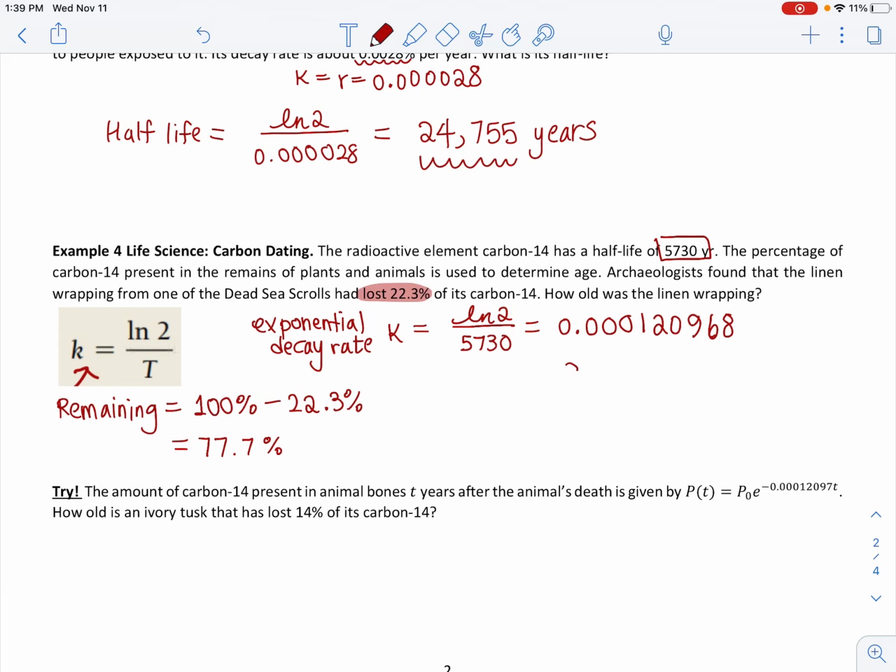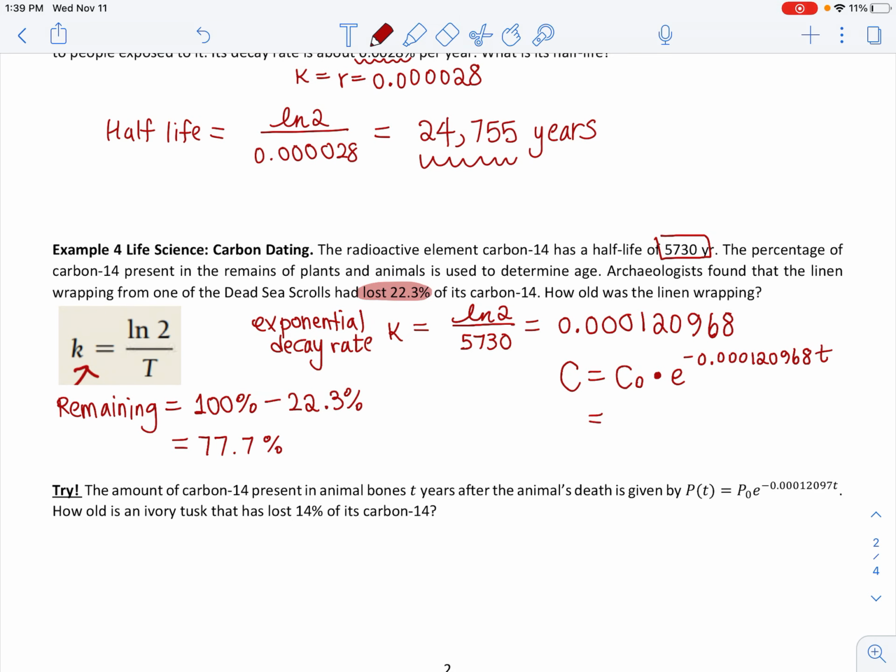So I'm going to go ahead and write down, what's this substance called? Carbon. So I'll say carbon is equal to the initial amount times e raised to the exponential decay rate of negative 0.000120968 times however many years t.